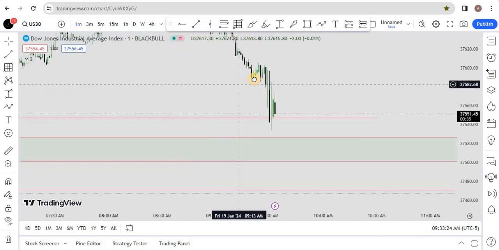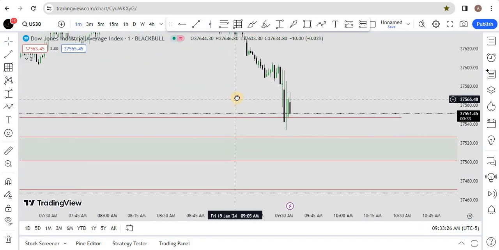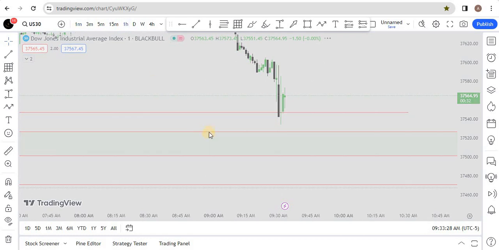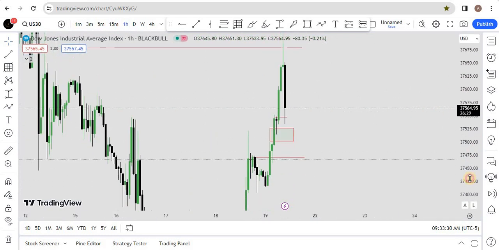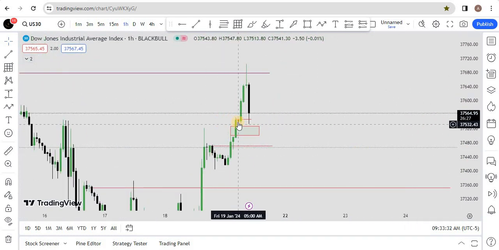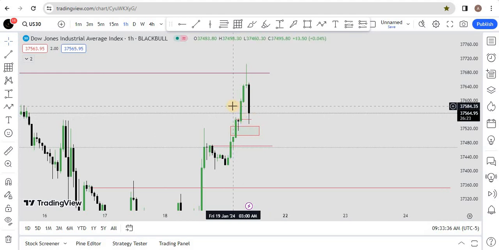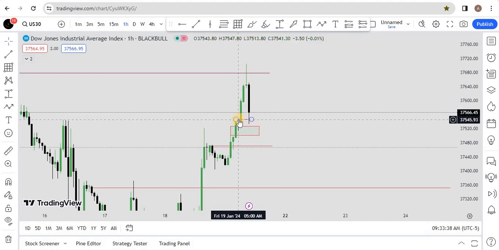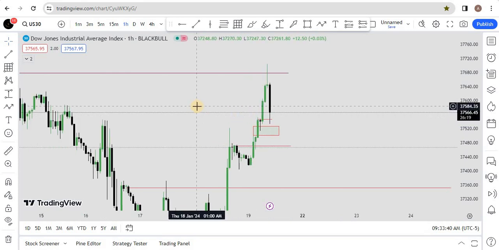If not, then I need more price action for trading. We have an hourly order block here, and this fair value gap as well.